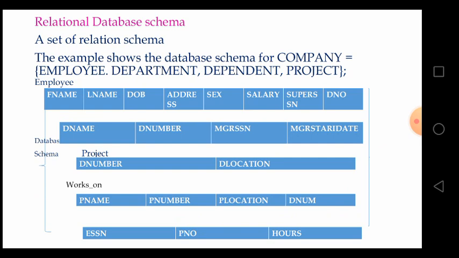Another example: branch number is some number, street is College Road, city is Mancherial, postal code is 504208. These are the relation instance.